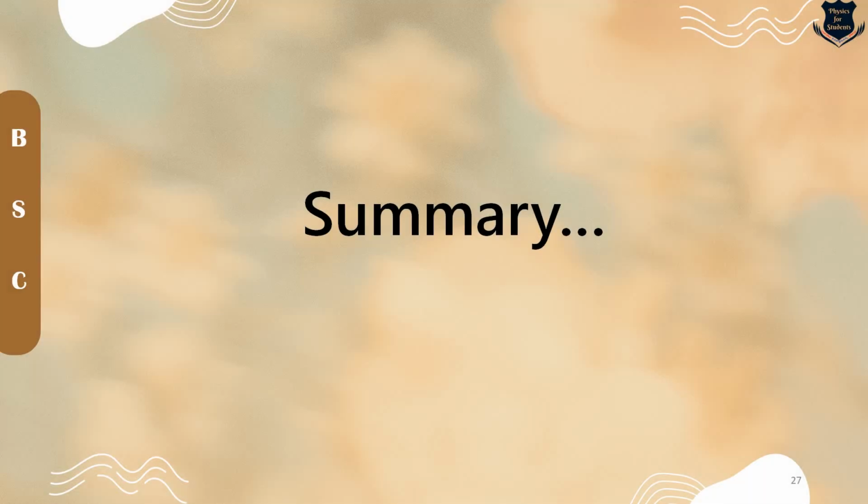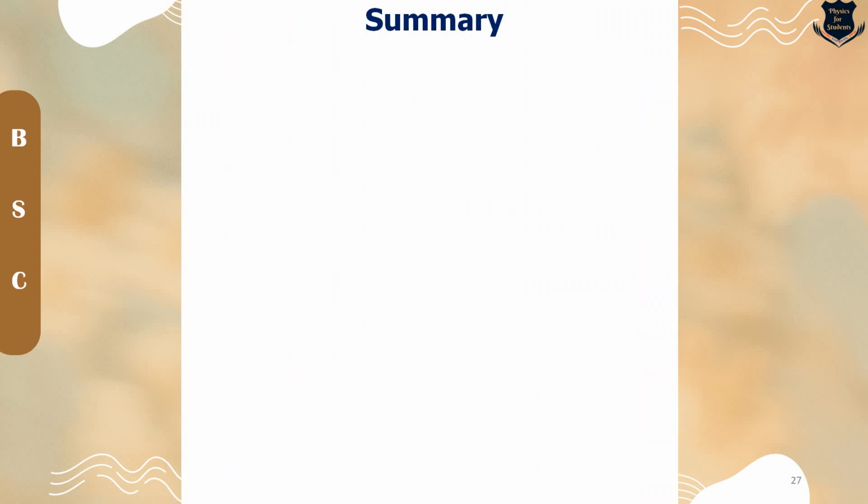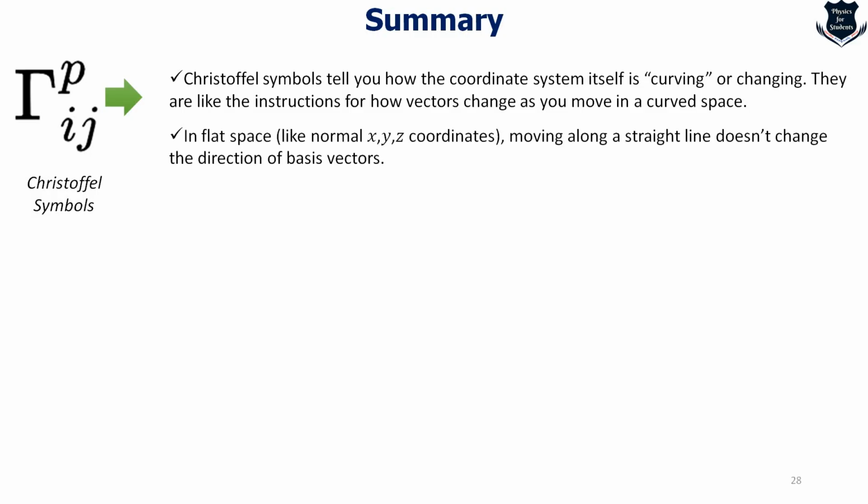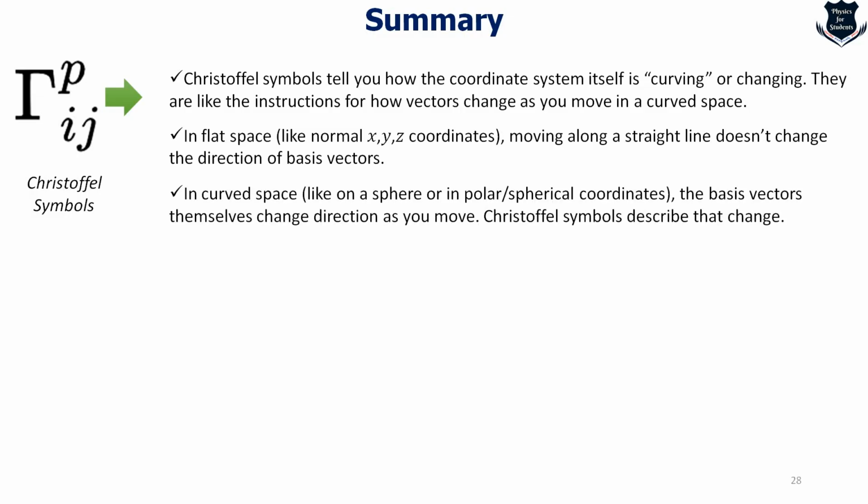So now it is time to quickly summarize and find out the link between Christoffel symbols and geodesics. We can say that Christoffel symbols basically tell how the coordinate system itself is curving or changing. It is like a rule book, an instruction for how vectors change. In flat space there is no problem, and in curved space, as we have seen with sphere or polar coordinates, the basis vectors themselves change direction, and Christoffel symbols describe how they change.